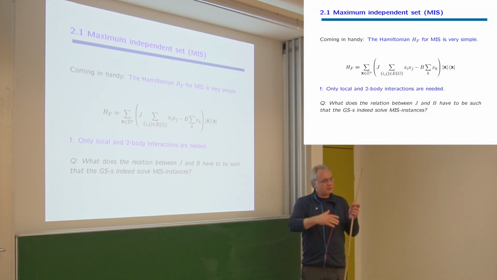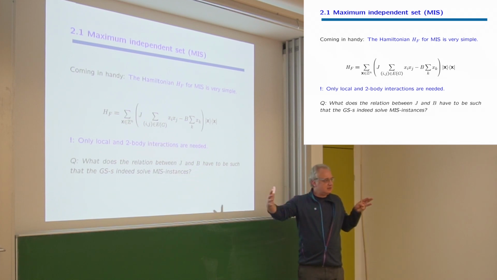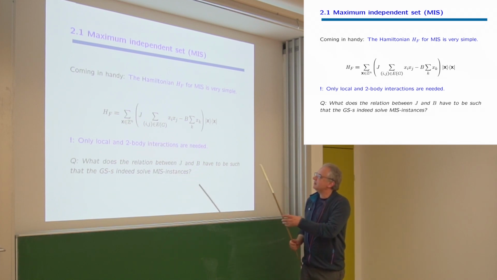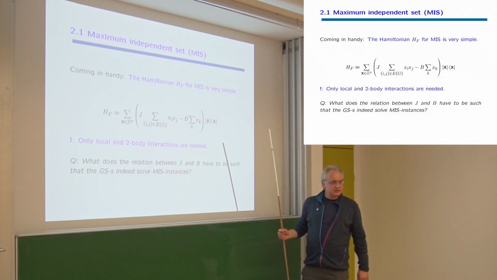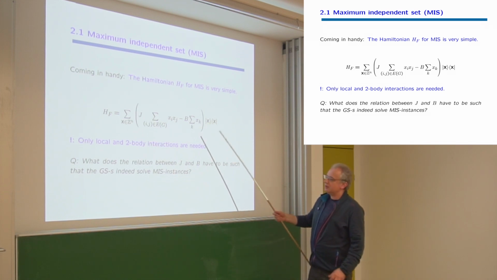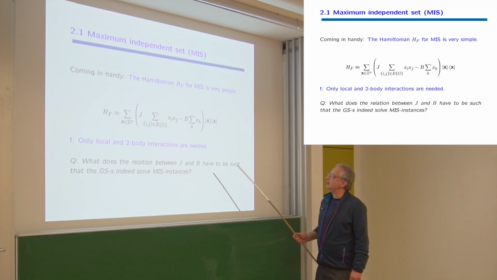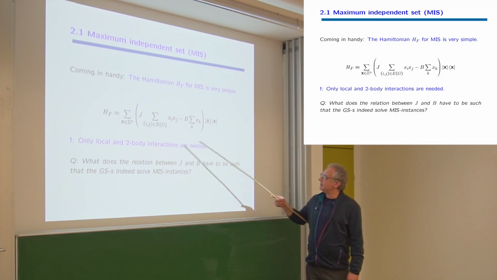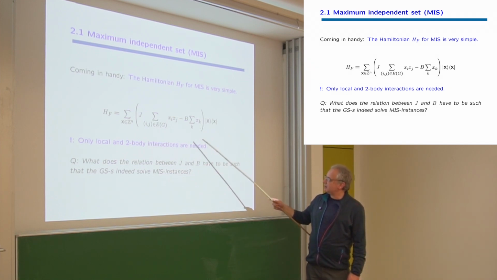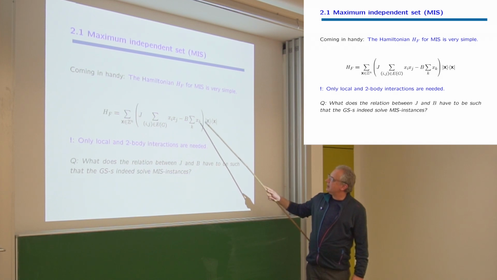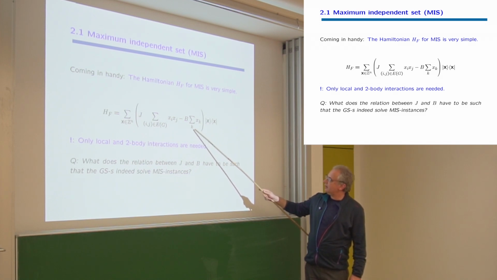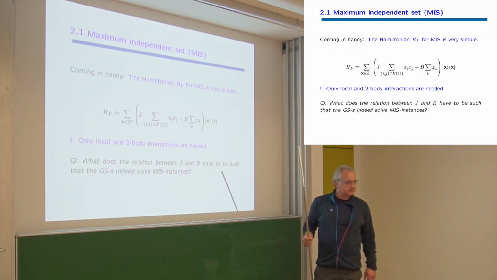So you get rewarded if that set is large. You get a penalty when you're violating independence, and a reward when your set is large. So hopefully the lowest energy configuration is the independent set of maximum size.